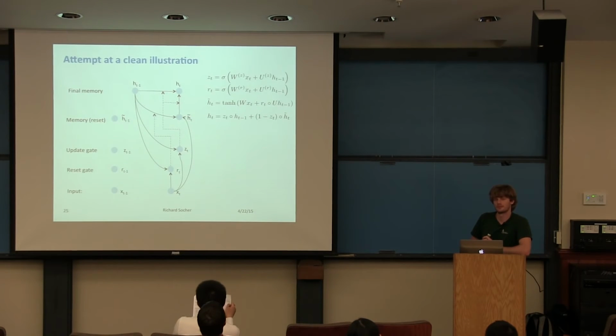So we no longer have those matrices. In some ways, that WHH can be seen as this U here, right? But now this U won't necessarily have the power to change given the previous time step unless the reset gate agrees with that. So the reset gate allows you to take into consideration your previous time step.